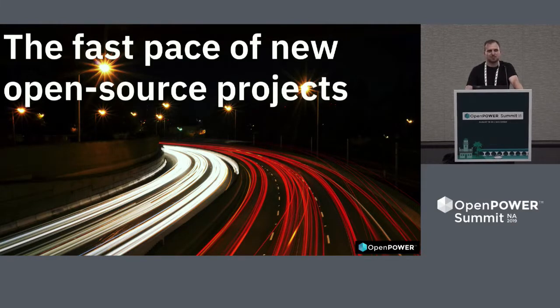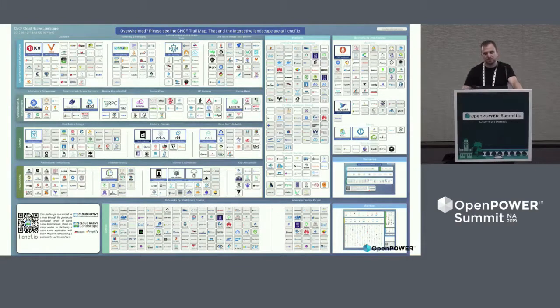If you look at this picture, it tells a lot about what's going on recently, especially in the Cloud Native Foundation. There's a bunch of new projects that emerge from all over the place, and usually those projects are born on x86. For us, working on Power, we have the hard work.